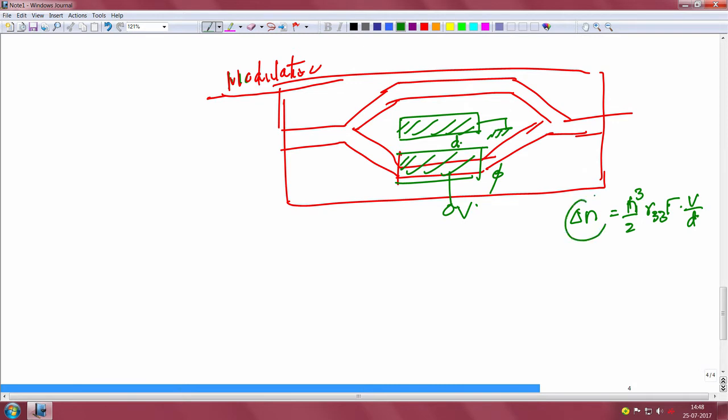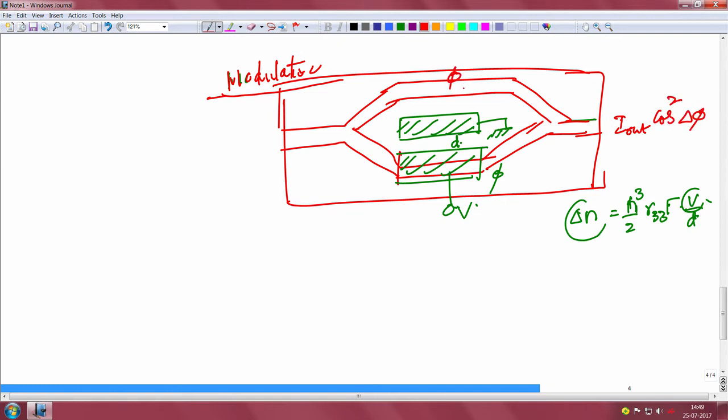So, delta n depends on the applied voltage. Like in the case of the thermo-optic device, we can say that this could act as an intensity modulator, output cos square delta phi.